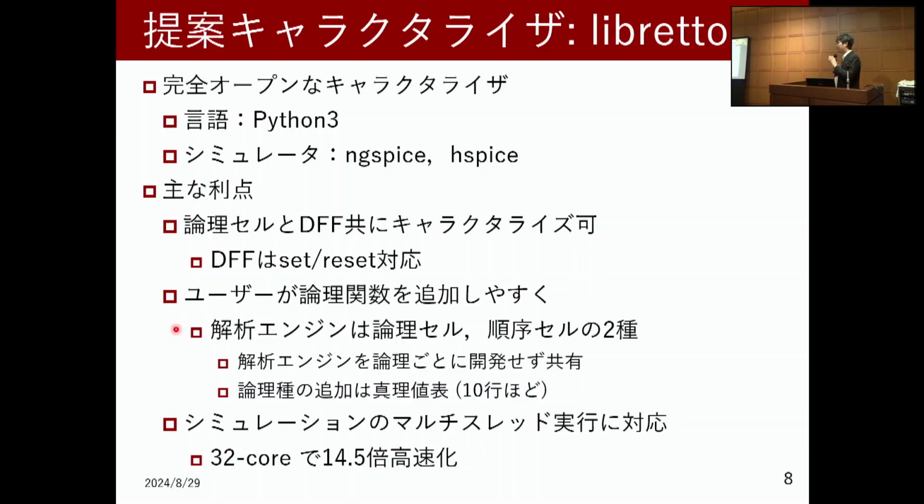If a designer designs a new cell, he can write its truth table to Libretto, then Libretto can extract the timing and power. This version supports multi-thread, and it achieves 40.5 times speedup in a 32-core environment.